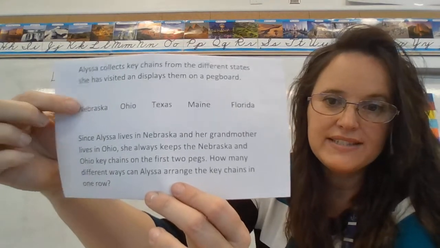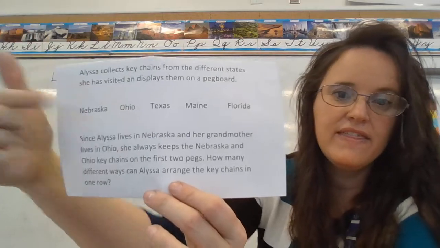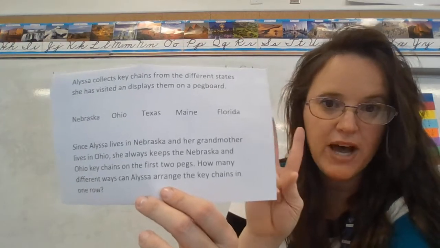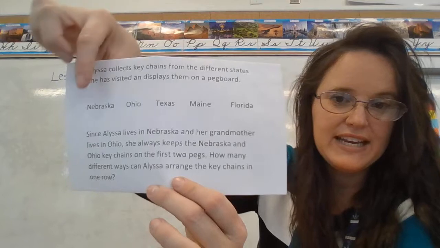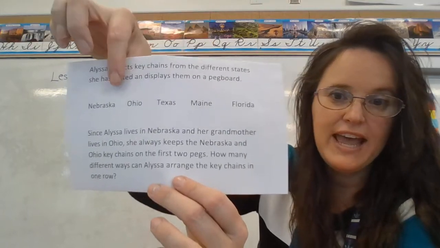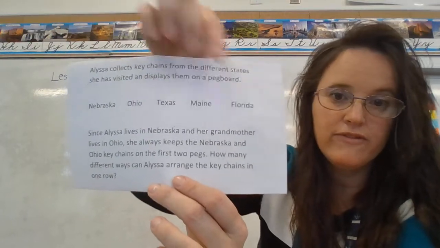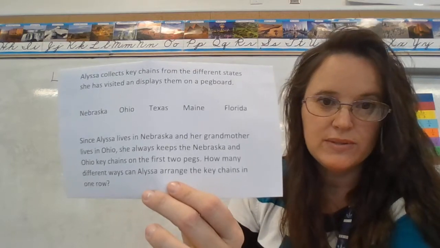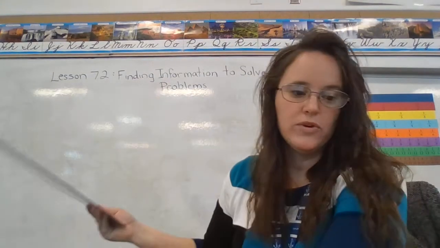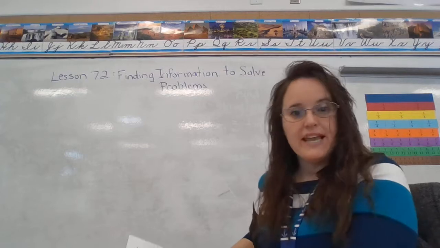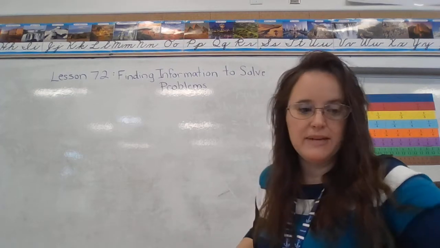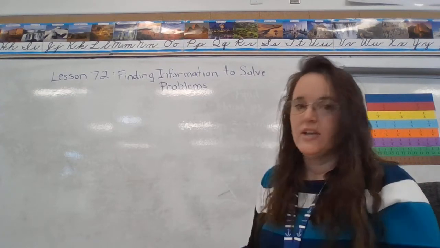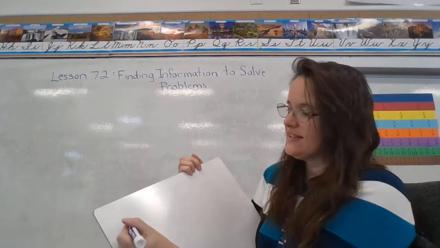However, Nebraska and Ohio right there, they are always on the first 2 spots. She's never going to hang Texas here. She's never going to hang Maine or Florida in those first 2 spots. So we're dealing with a combination problem. How many combinations can we make? So I'm going to make 5 slots.